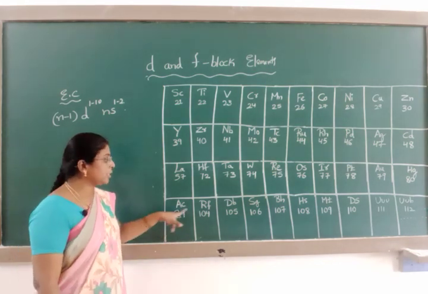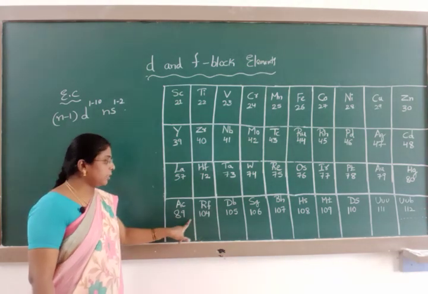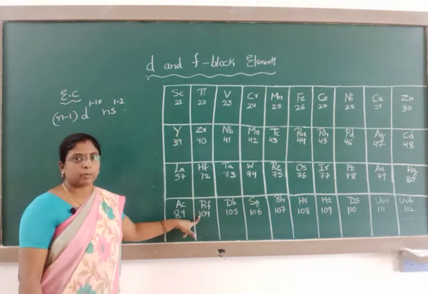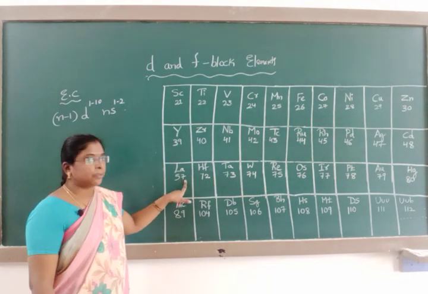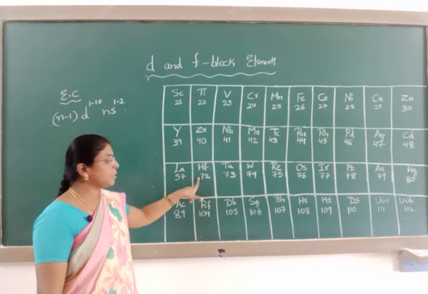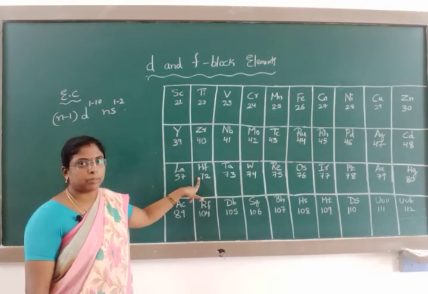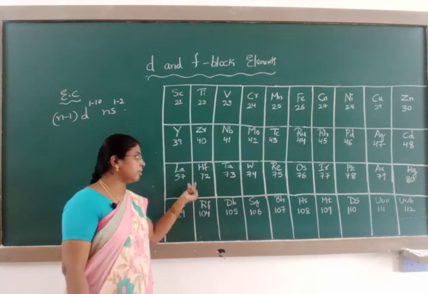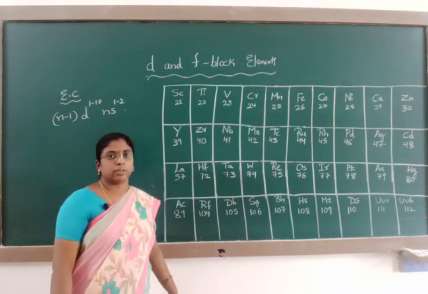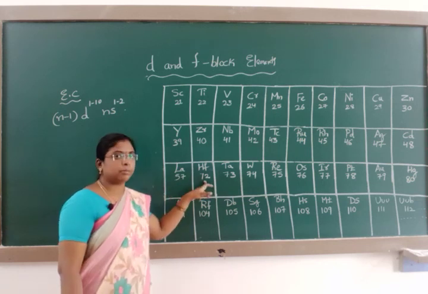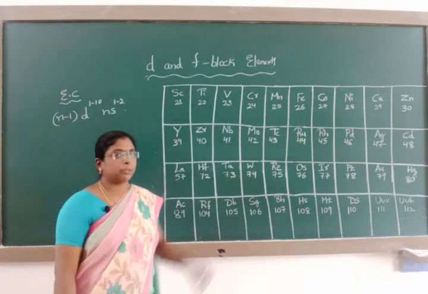The next element here is 104, and there is a gap from 90 to 103; they are F block elements. After lanthanum, atomic numbers 58 to 71 are also F block elements. Since the F block comes from the inner of the transition, it is known as inner transition elements.